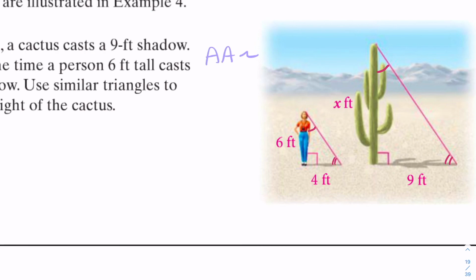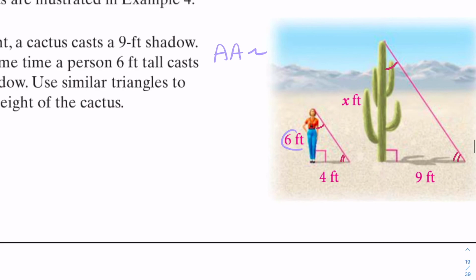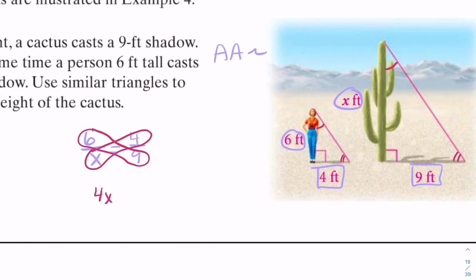Okay, and we're going to say that 6 is to x as 4 is to 9. And we're going to do the cross products. We will get 4x, 6 times 9 is 54.